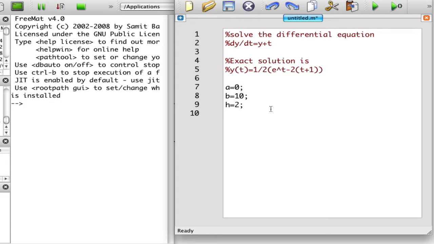So if my step size is 2, then how many? 5 steps, right? Okay. So let's do this. So t is going to go from A to B, and then in step size of h, so how do I do that? H in the middle. Okay. All right. We are rolling.